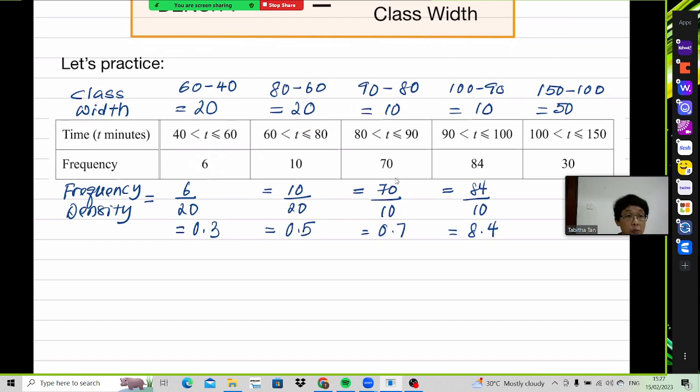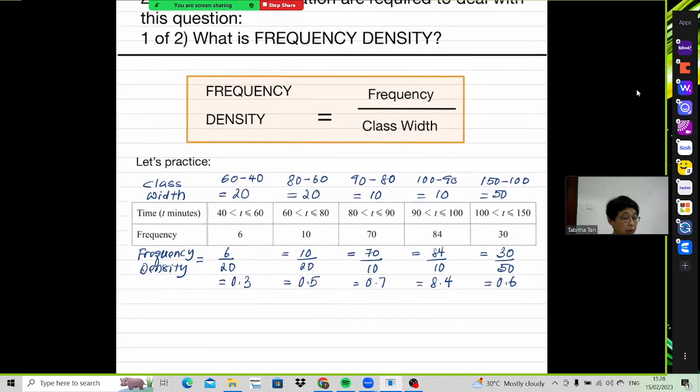And let's move on to the others. The last practice, just take frequency, divide by class width, and that is 0.6. There you go.